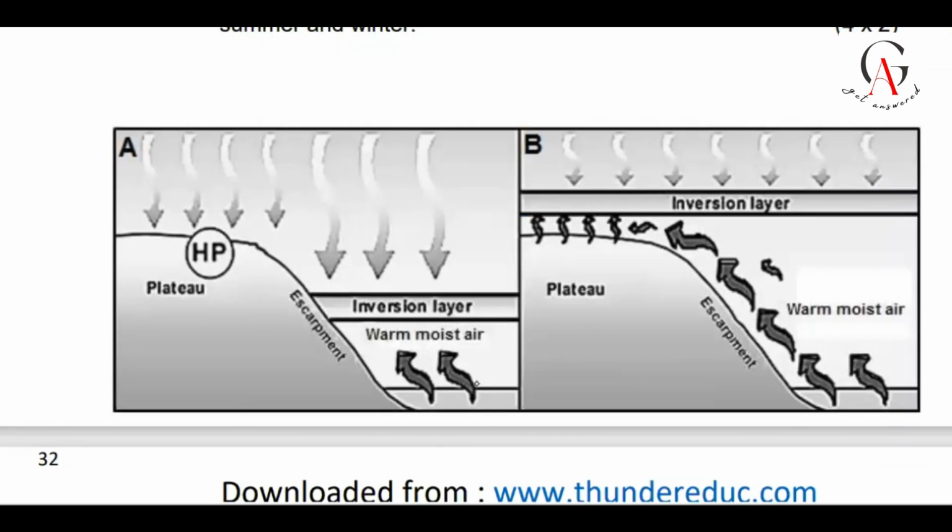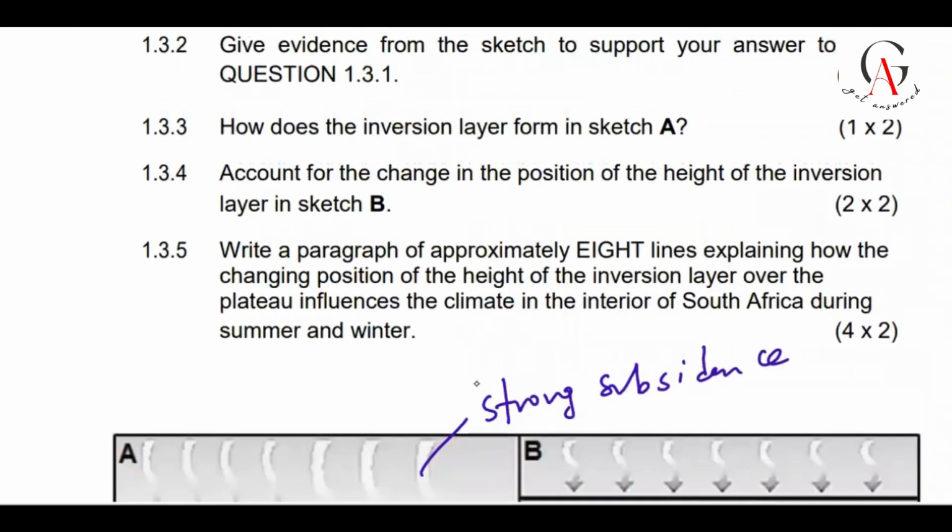As you can see here in the diagram, the inversion layer is below the escarpment. And you can see we have a strong subsidence there, forcing the inversion layer below the escarpment.